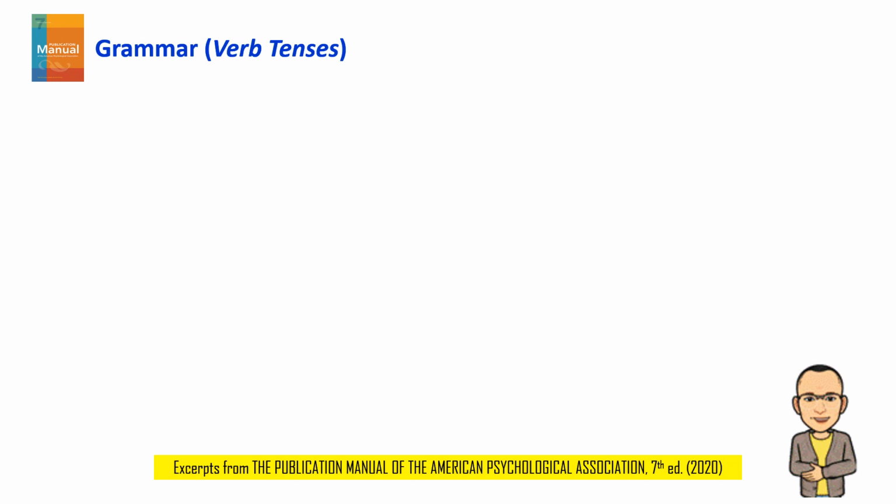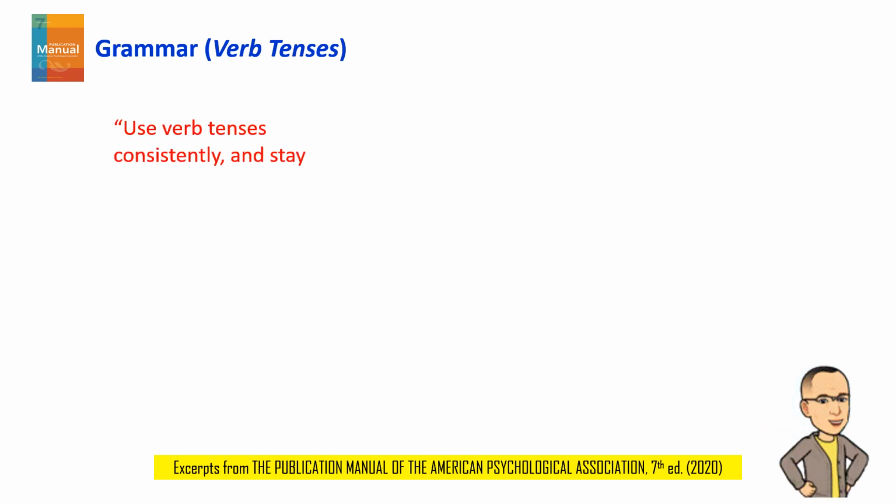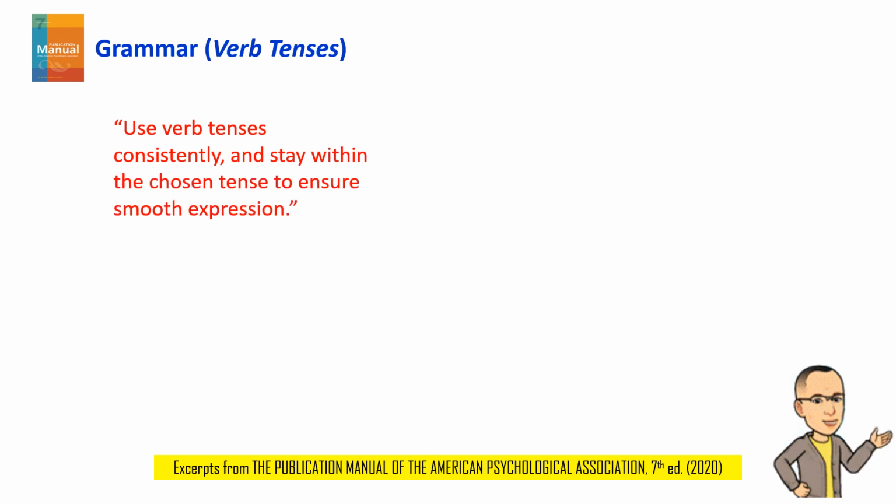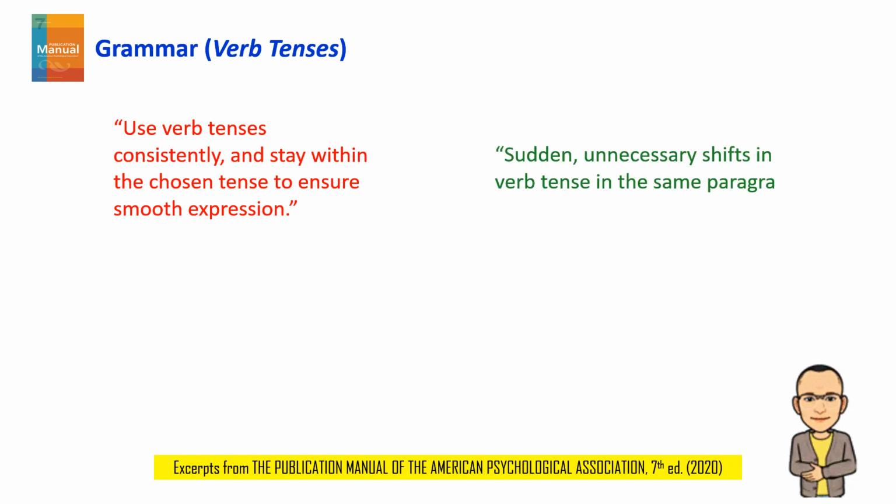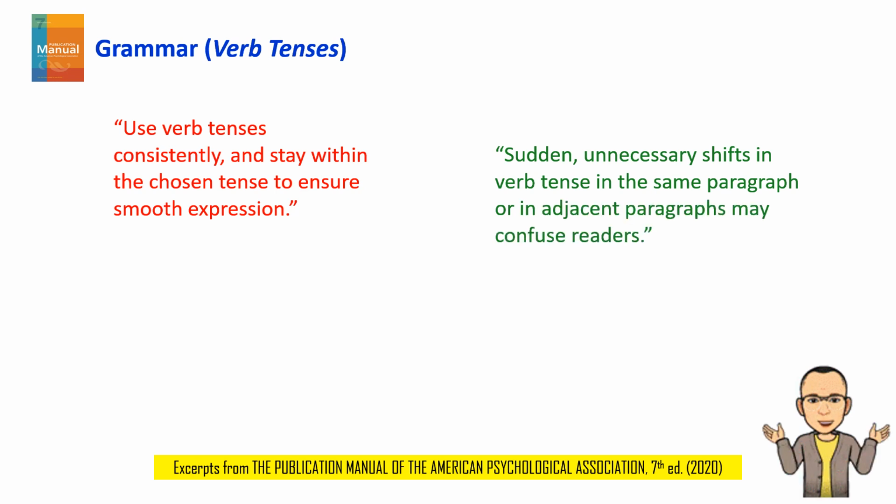Verb tenses. In academic writing, maintaining consistency in verb tenses is paramount for clarity and coherence. Use verb tenses consistently and stay within the chosen tense to ensure smooth expression, as advised by APA 2020. Sudden, unnecessary shifts in verb tense, in the same paragraph or in adjacent paragraphs, may confuse readers, according to the guidelines provided in APA.